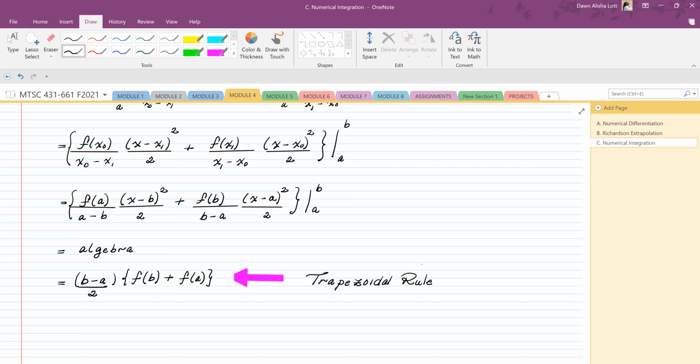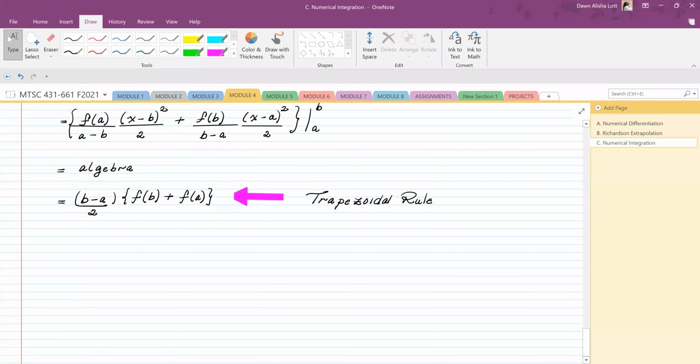So what's the error in this formula? Now we can actually find the error for the trapezoidal rule because we know the error for the Lagrange interpolating polynomial. If we integrate that, we know the error in the integral.